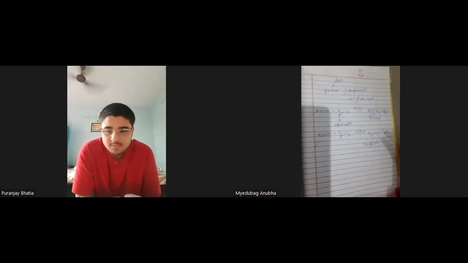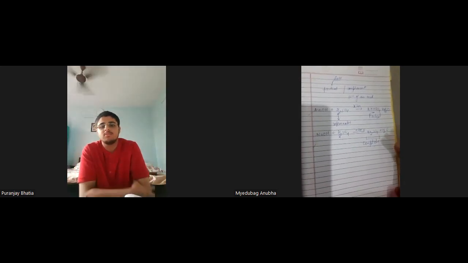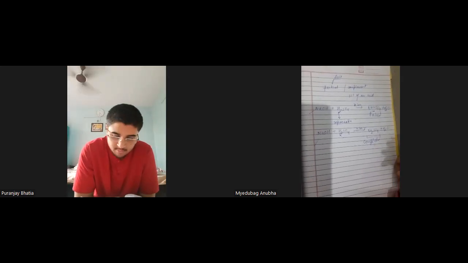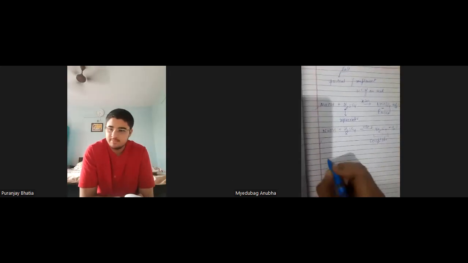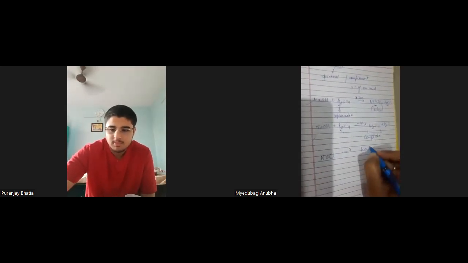The second definition: a salt can be an ionic compound. It dissociates to give a positive ion other than hydrogen. For example, if I take an example of a salt, NaCl, and break it in an aqueous solution, it will form Na+ and Cl-. Now, as you can see, we have defined a salt as an ionic compound. It is dissociating to give the positive ion and the negative ion, but the positive ion is other than hydrogen, right?